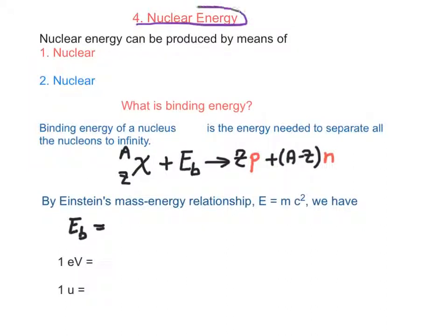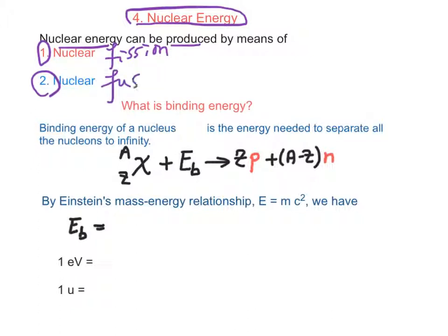Nuclear energy. Nuclear energy can be produced by means of, first, nuclear fission and nuclear fusion. What is the meaning of binding energy?